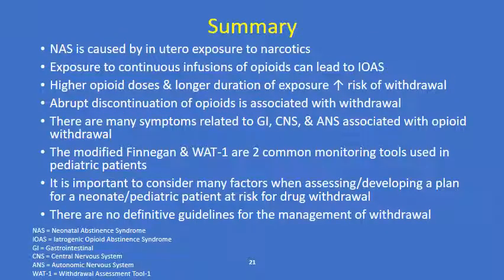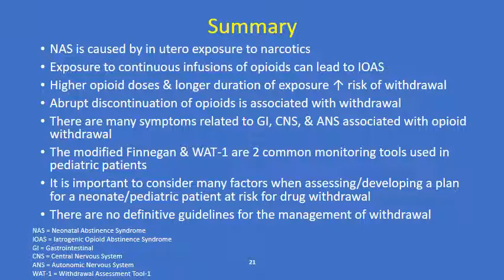In summary, NAS is caused by in utero exposure to narcotics, versus exposure to continuous infusions of opioids, which can lead to IOAS, or iatrogenic opioid abstinence syndrome. Higher doses and longer duration of exposure can increase risk of withdrawal in our patients. Abrupt discontinuation or rapid tapering of agents is associated with withdrawal.